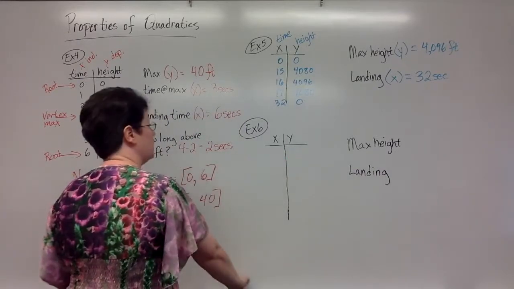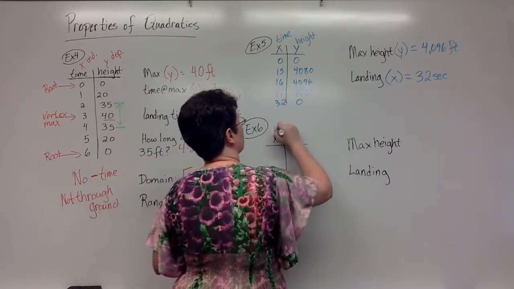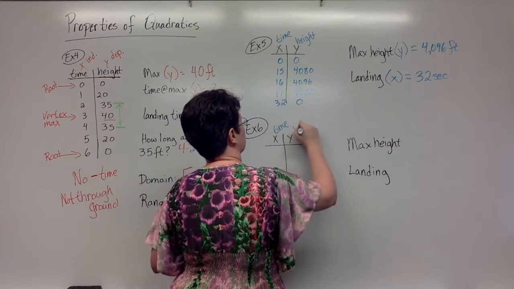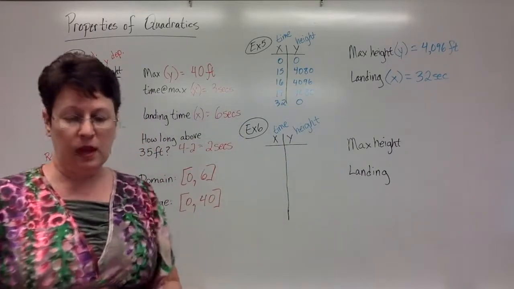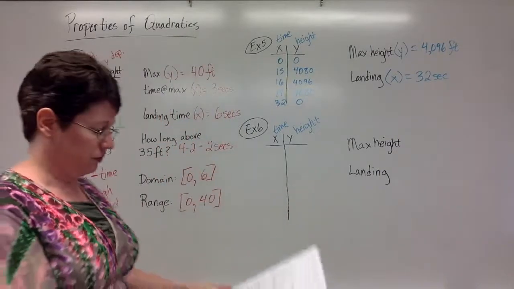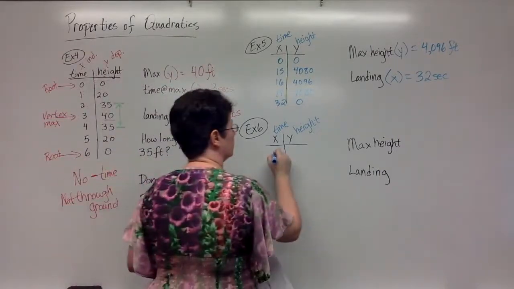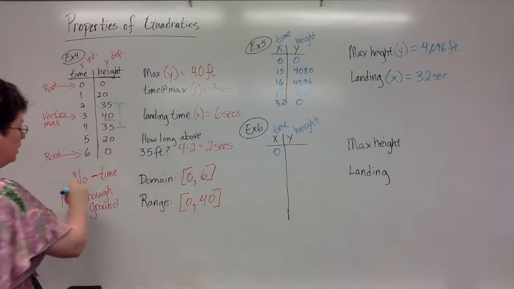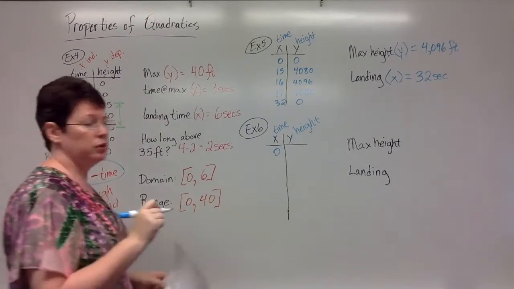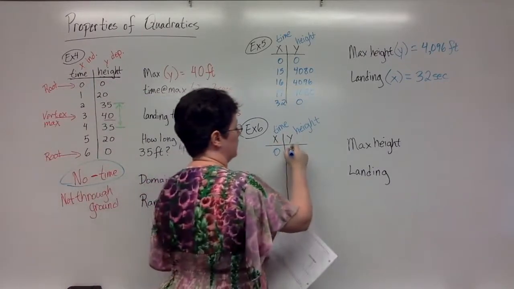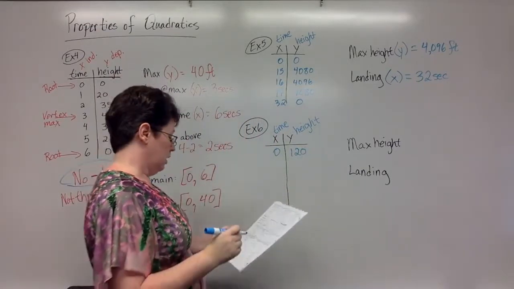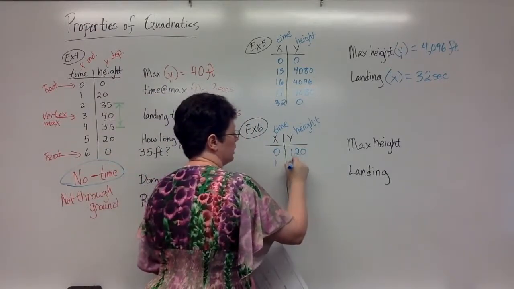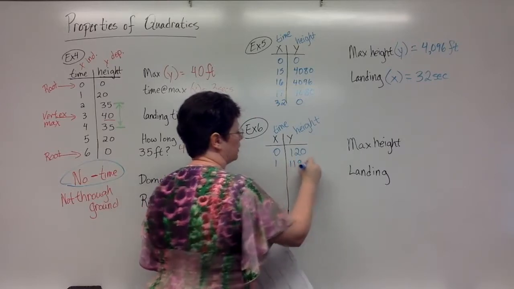Okay, so we have time, our independent, and height, the dependent. Now, scroll through the table. At 0, because I can't go backwards in time, no negative time, what's my height? 120. Okay. At 1, it goes down to 119.5.